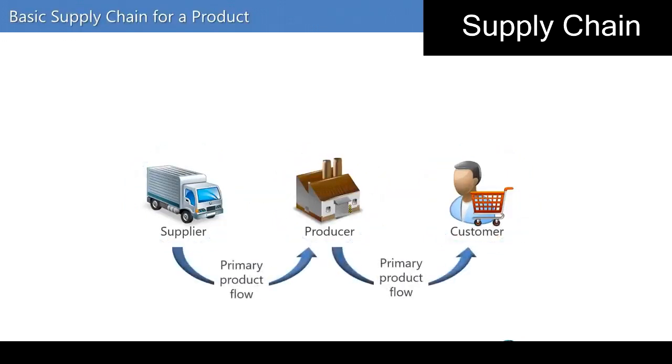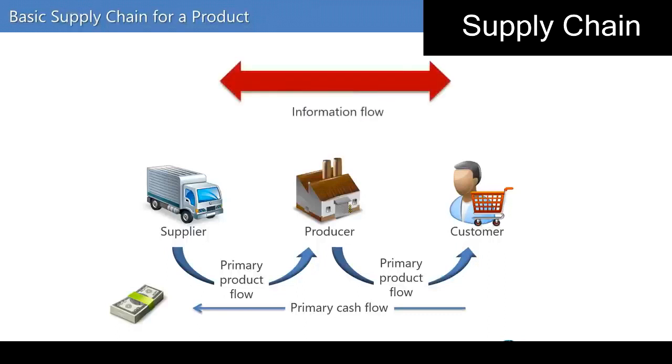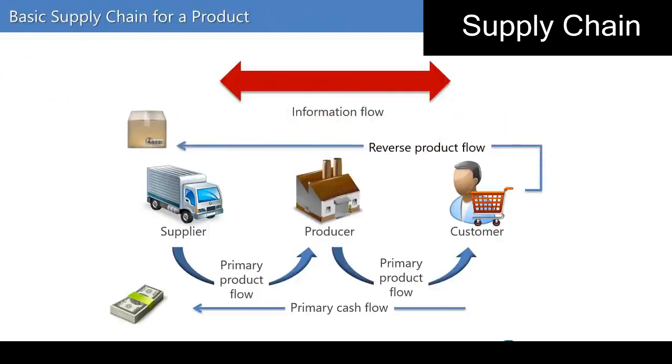Flow of physical materials and services from suppliers to the end customer. Flow of cash from the customer to the raw materials supplier. Flow of information back and forth along the chain. And reverse flow of product returned.